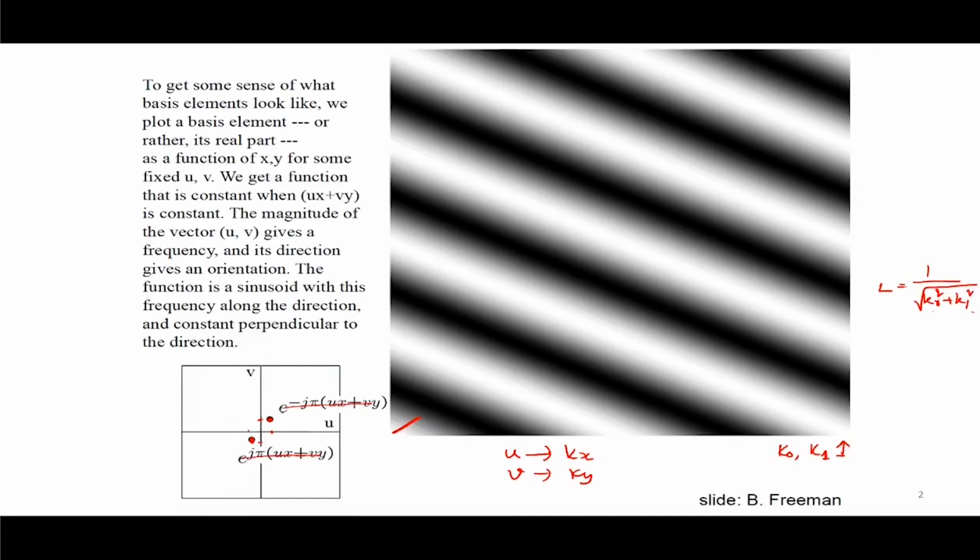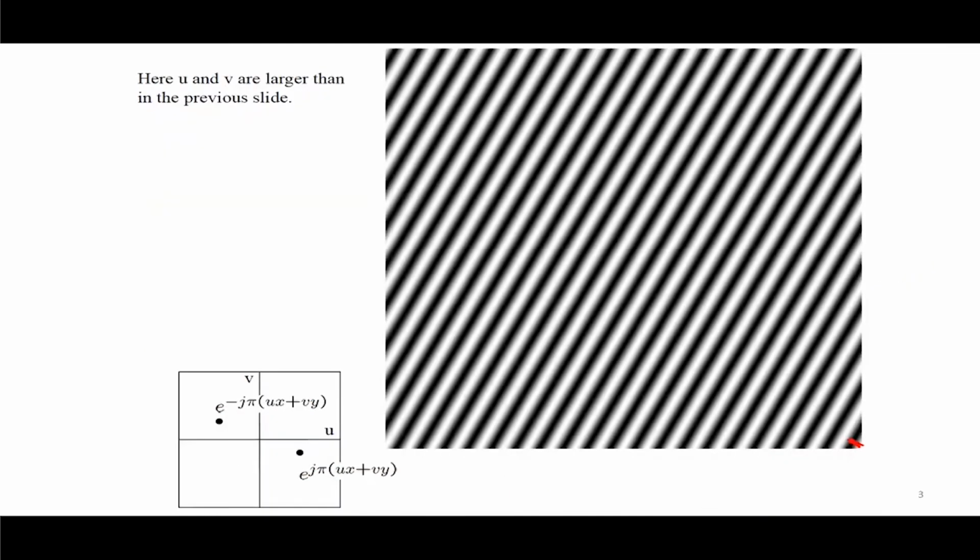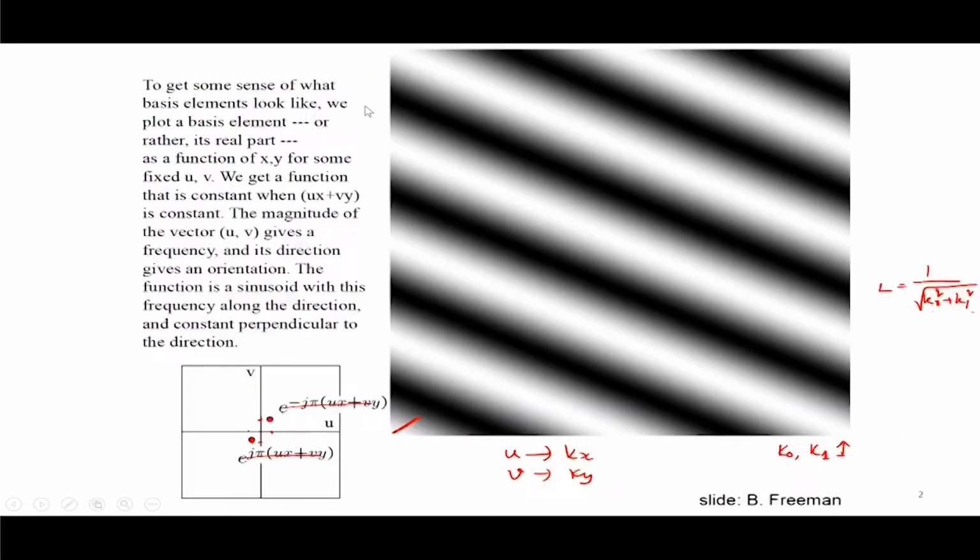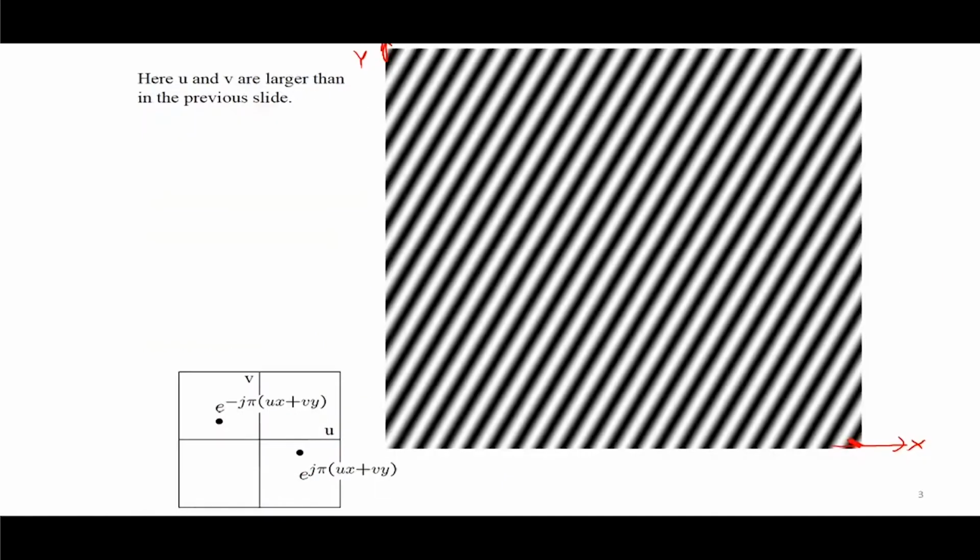Now here you could also see from these two figures, these are the ones which you could yourself plot by varying k naught and k1 values. Let's say this is your x value here and y value here. You could do it yourself for fixed values of k naught and k1. Now another thing is the orientation getting changed, you could observe here.